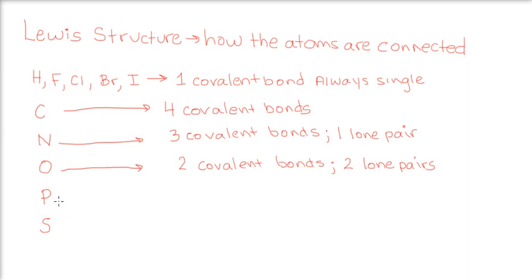And then phosphorus, which falls under nitrogen in the periodic table, will practically be identical to nitrogen. Because they are in the same group, they share similar chemical properties, and so they also share similar bonding connectivities. And sulfur, being in group 6 under oxygen, will also follow almost identical patterns to oxygen.